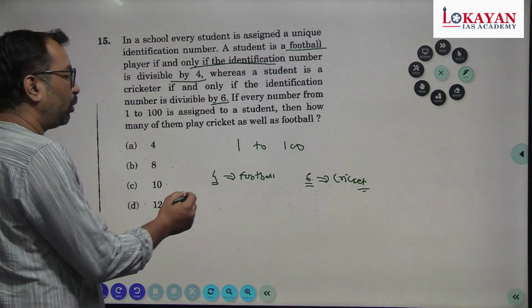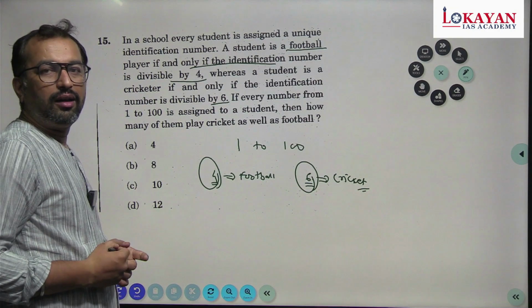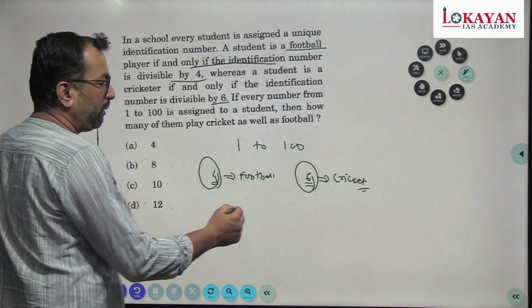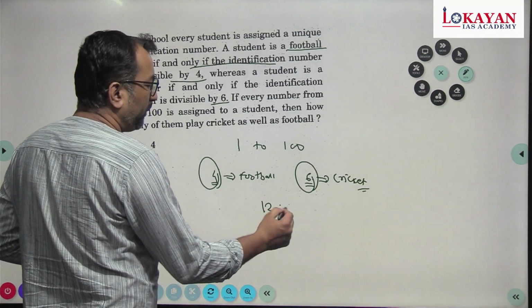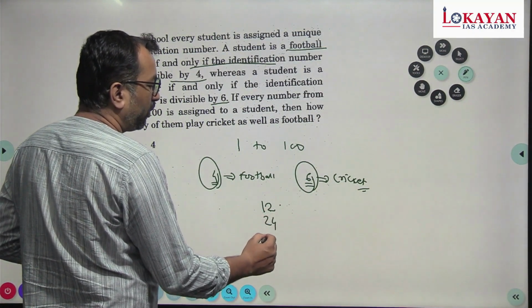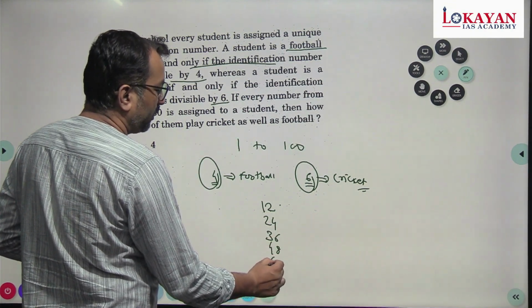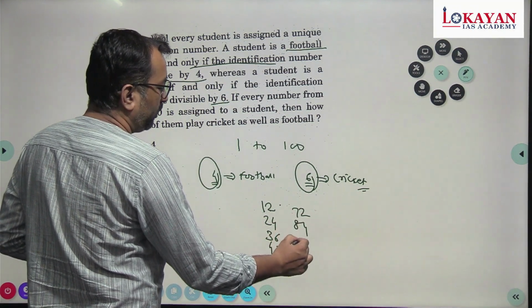That means those numbers must be divisible by 4 and 6. Right? Tell me the first number that is divisible by 4 and 6, that will be 12. So those jersey numbers will be in the multiples of 12. So 12, 24, 36, 48, 60, 72, 84, 96.